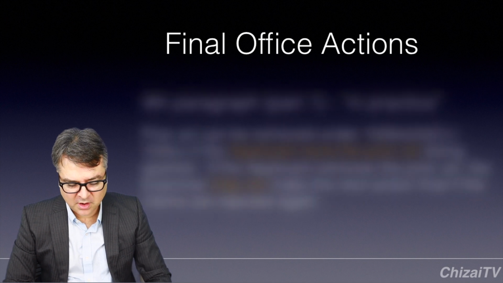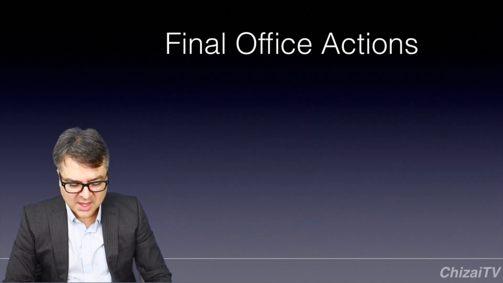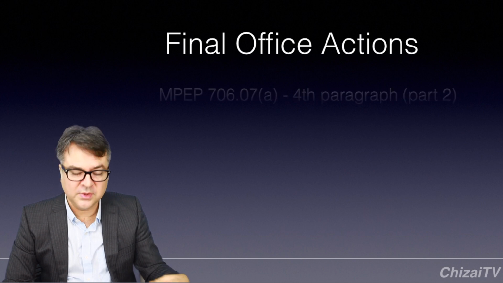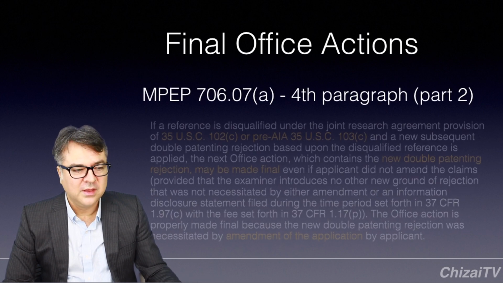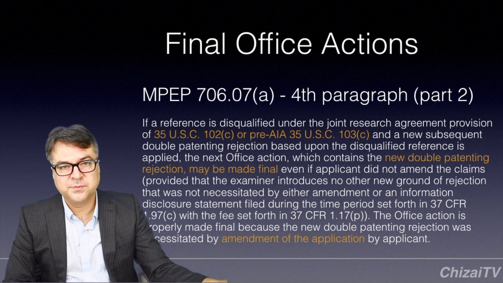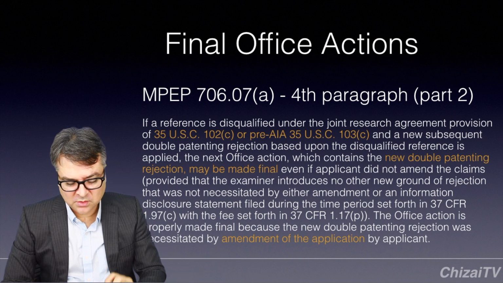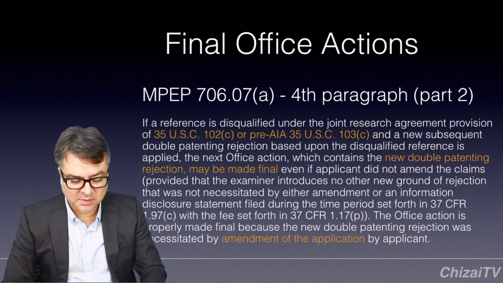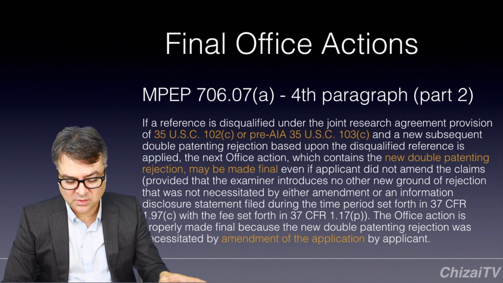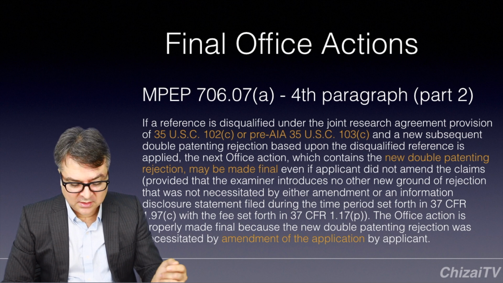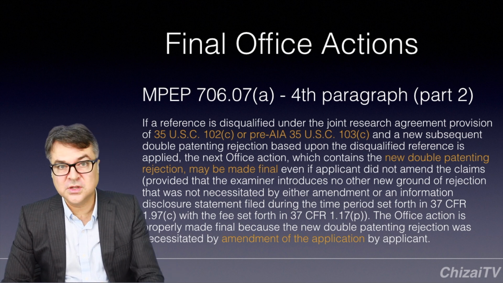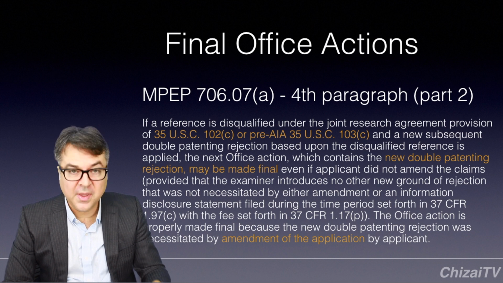All right, so the next part of the fourth paragraph relates to the joint research agreement provision. The common ownership was the first part, and this is the joint research agreement provision. If a reference is disqualified under the joint research agreement provision of 35 USC 102(c) or 35 USC 103(c), and a new subsequent double patenting rejection based on the disqualified reference is applied, the next office action that has the new double patenting rejection may be final.